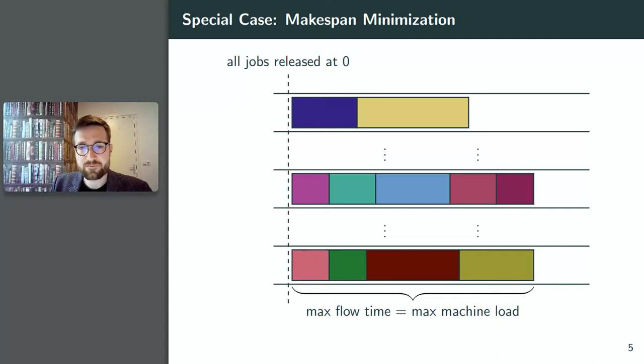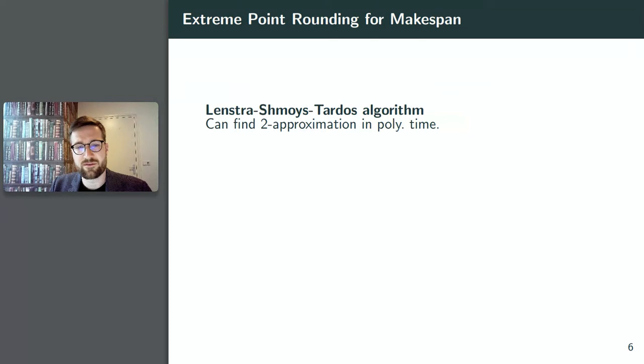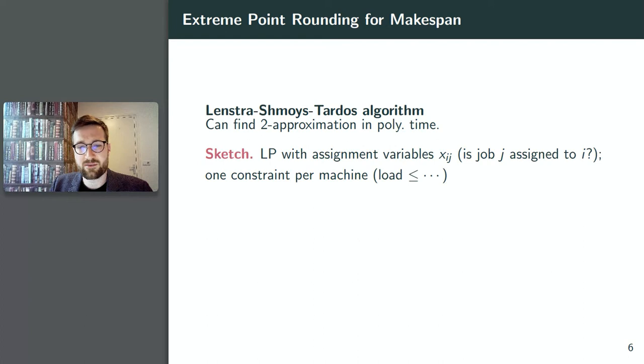And it has been known for 30-40 years that for this problem you can find a 2 approximation, and this was discovered by Lenstra, Shmoys and Tardos. Very briefly explained, their argument is as follows.